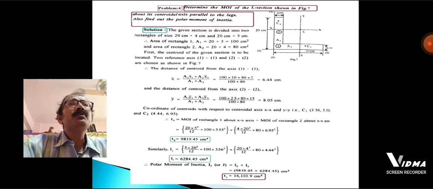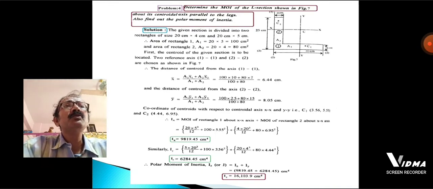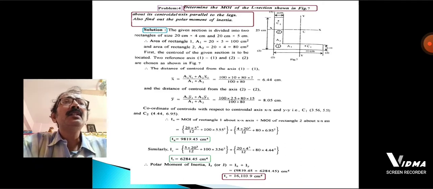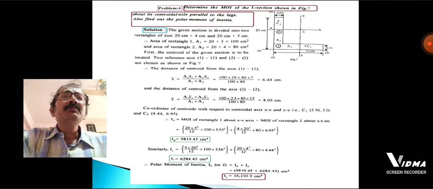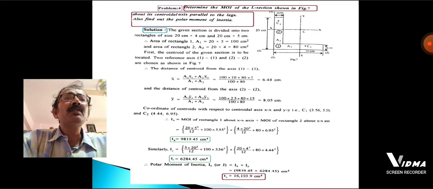First you have to divide the total area into two sectors: sector 1 is the lowermost beam, and sector 2 is the vertical portion. The values of x bar and y bar are 6.44 and 8.05 centimeter.